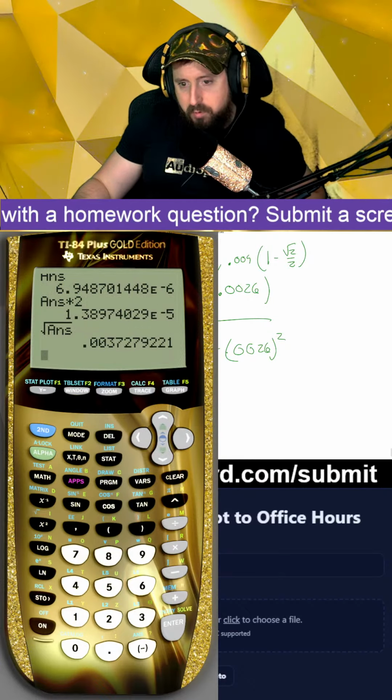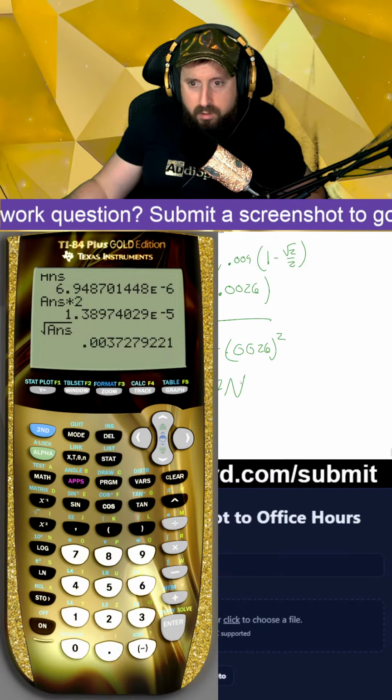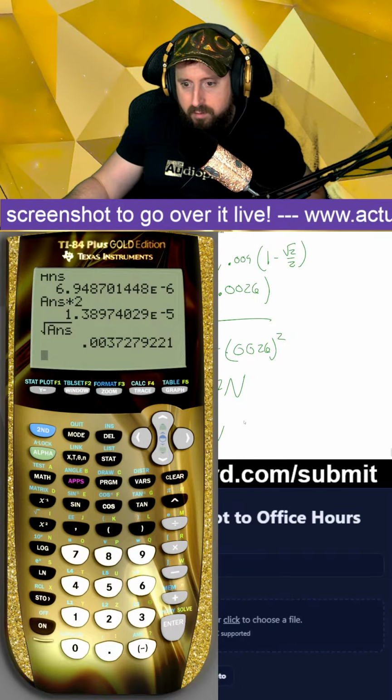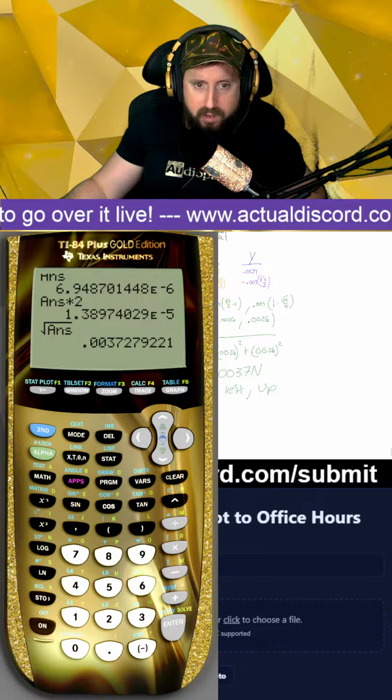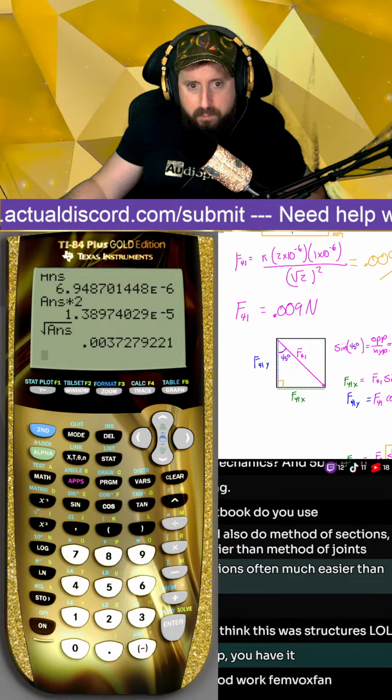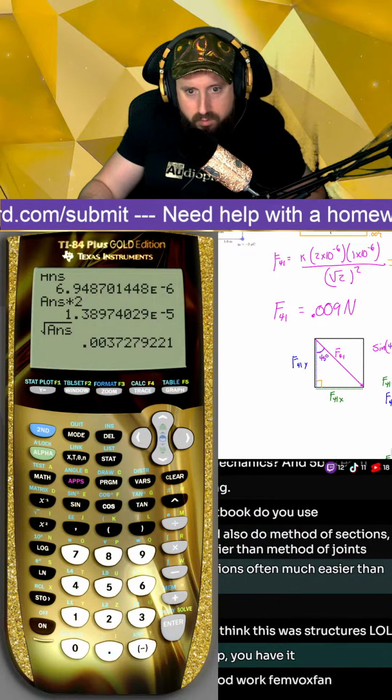So 0.0037 newtons. And then it's left, right? Because negative x and up. So 0.0037 left and up, which is 3.7 millinewtons, right?